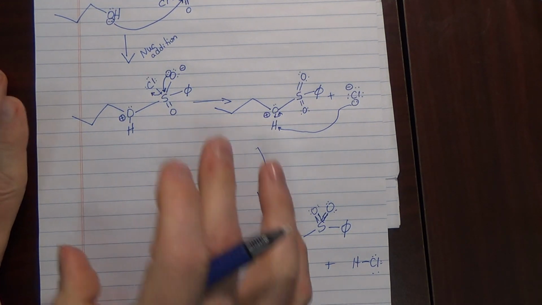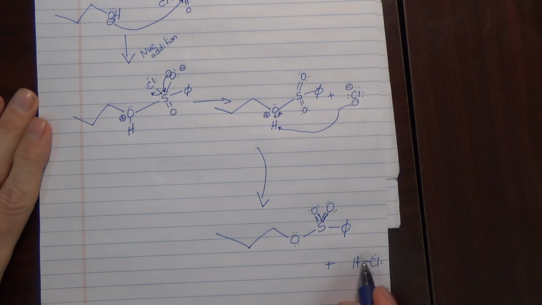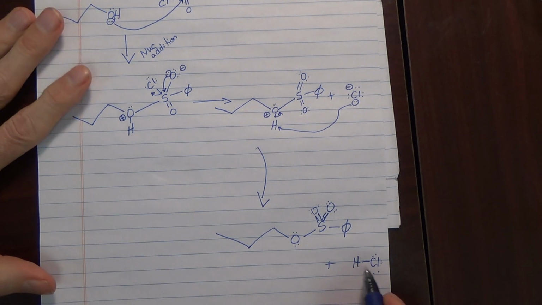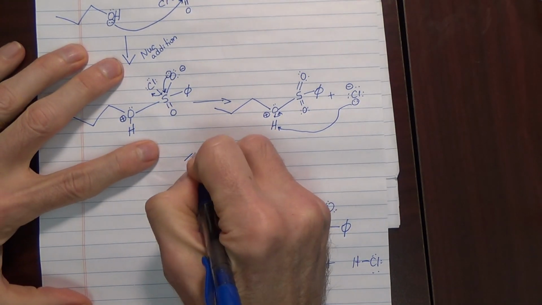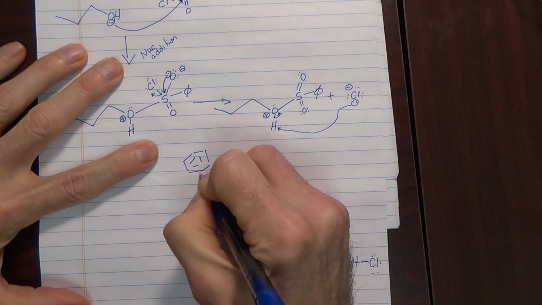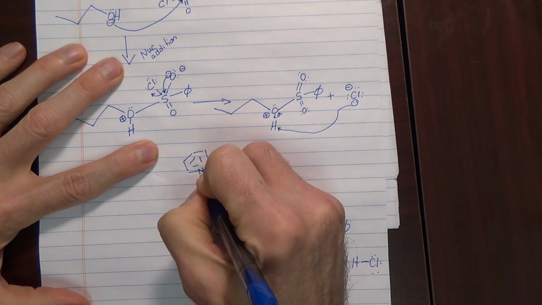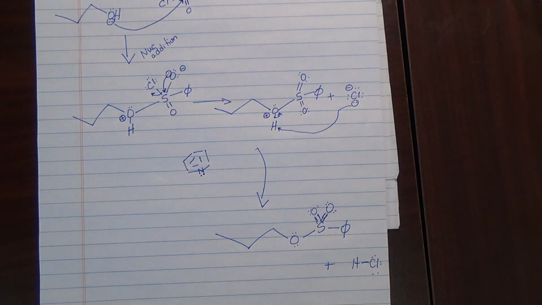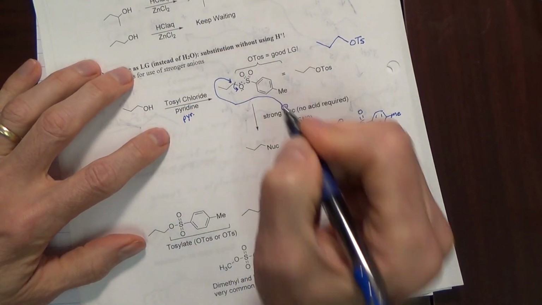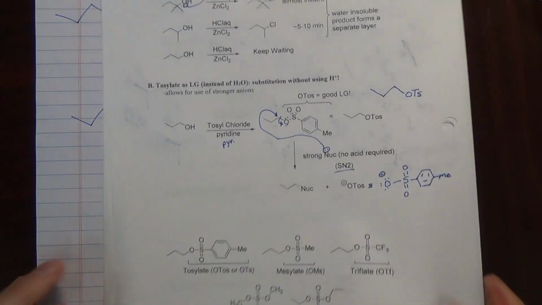But instead, typically when you do this reaction, you don't want to produce a strong acid because it can cause you problems. So you typically include a weak base, and traditionally you include pyridine. And pyridine is benzene with one of the carbons replaced with a nitrogen, and it's got a lone pair, of course. And that's pyridine, which we included, sometimes just abbreviated like that.